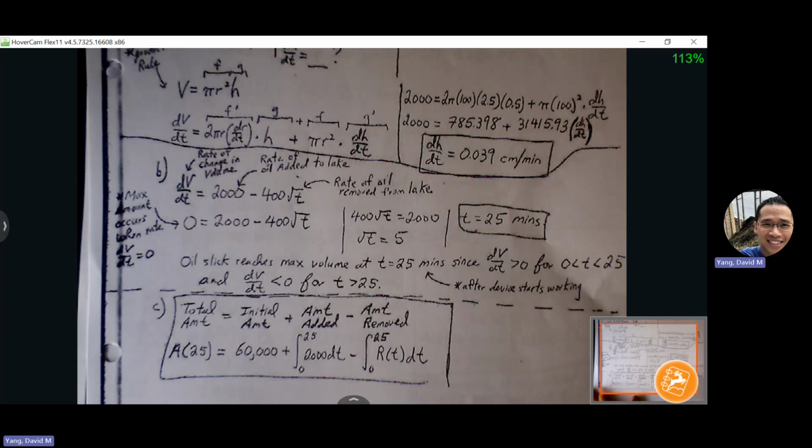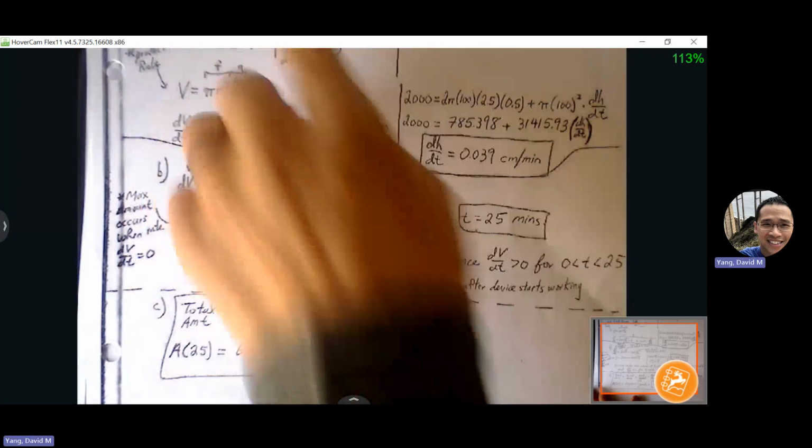So part B says, a recovery device arrives on scene and begins removing oil. So there's oil already been building up, because of the leak, in the lake. The rate at which the oil is being removed is R of t, now, which is 400 root t.